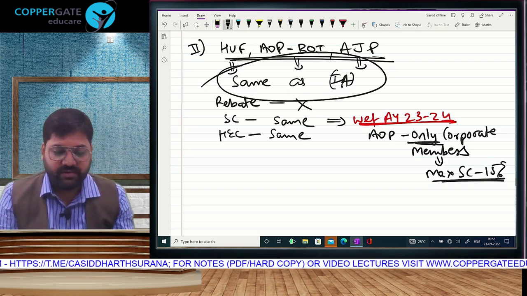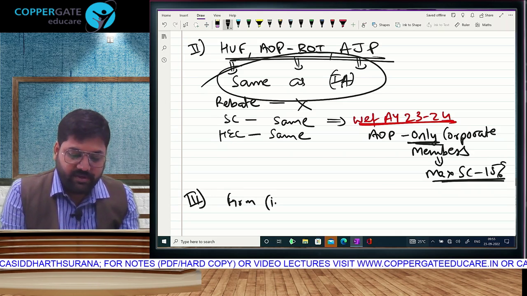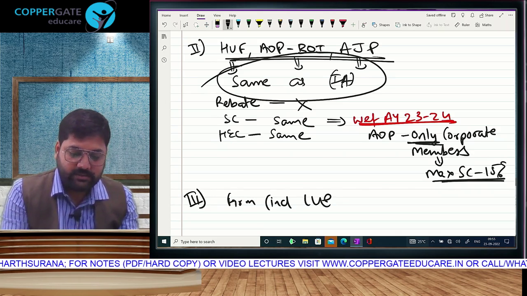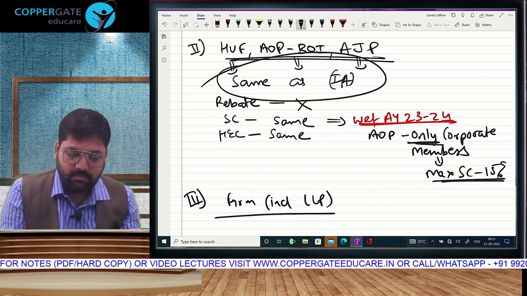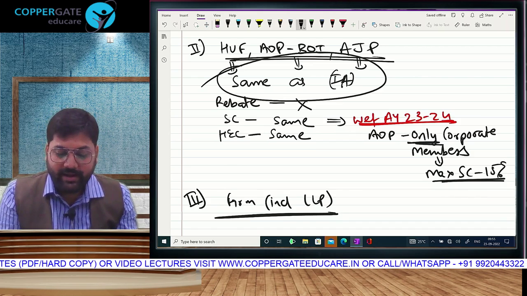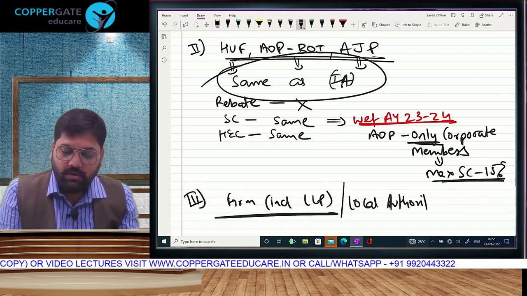So 4 assessees over. Next assessee, partnership firm, which will include LLP. Mitro, firm including LLP, and same tax rate is also applicable to local authority.